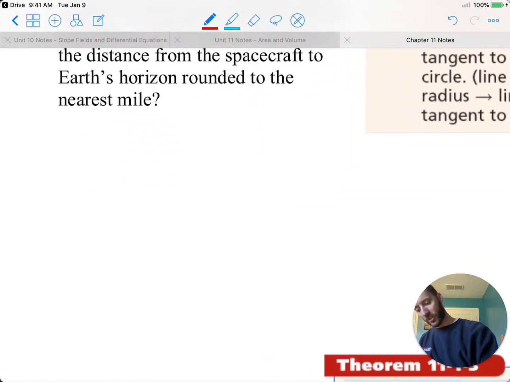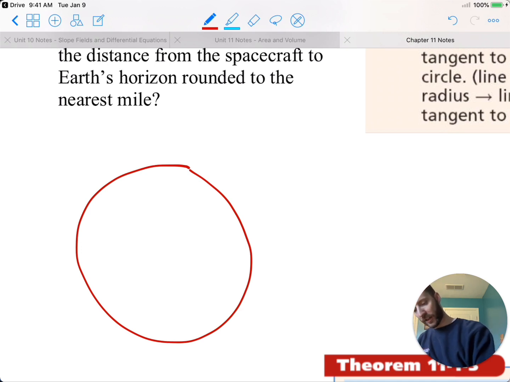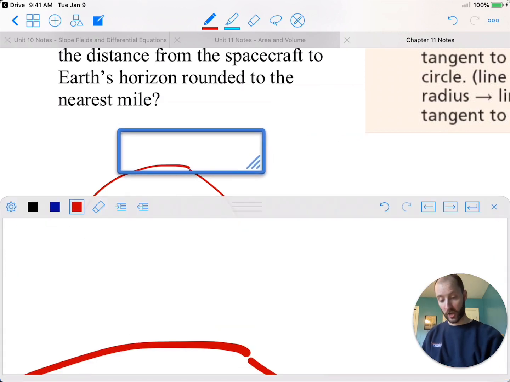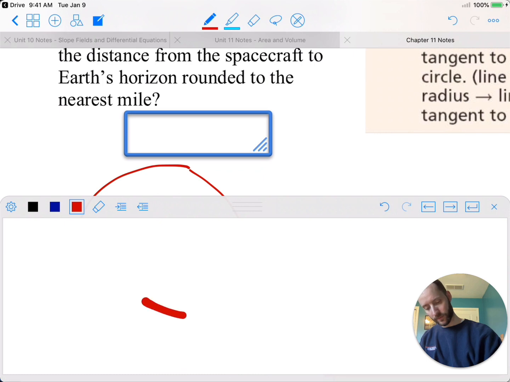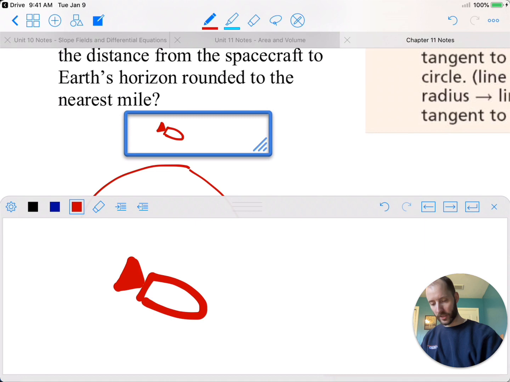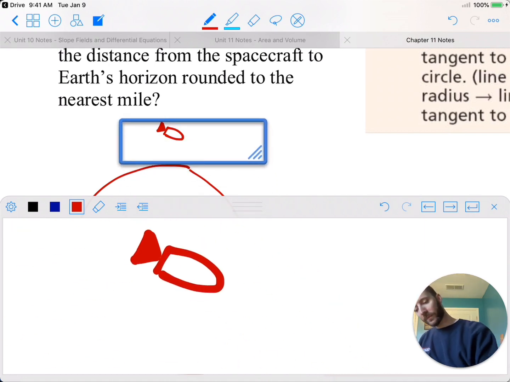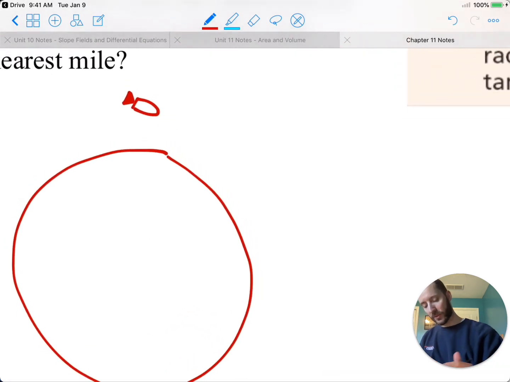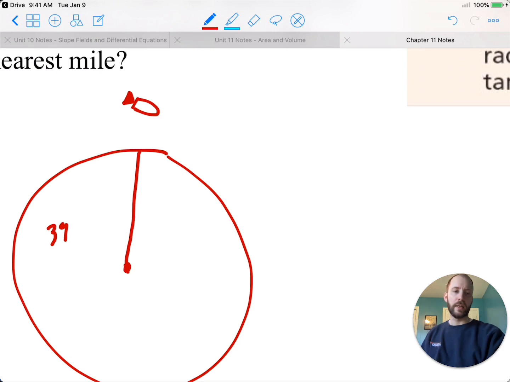So if we get the picture, and we draw a spacecraft, and I'm a really good artist, you're going to see here. There we go. That's a good spacecraft. Looks like I'm bombing Earth. Oh boy. And then let's draw something. So the center, the radius of the Earth, about 3,959.